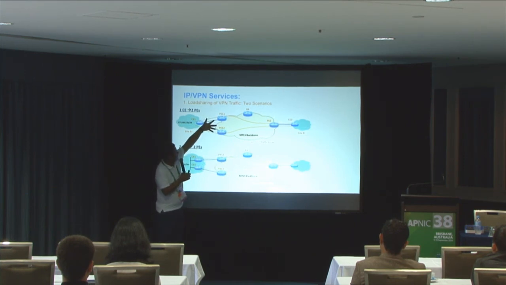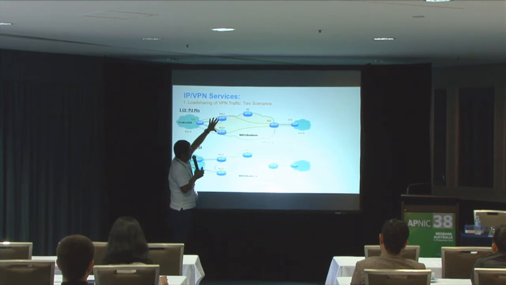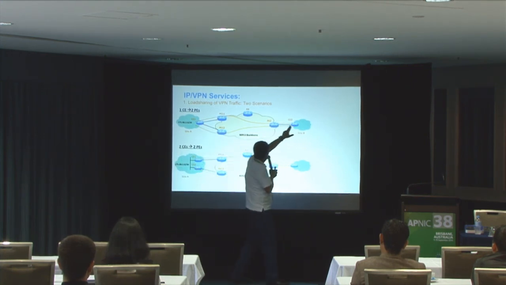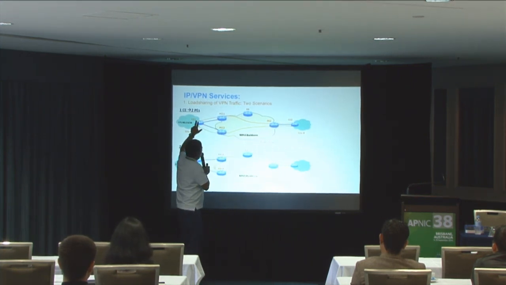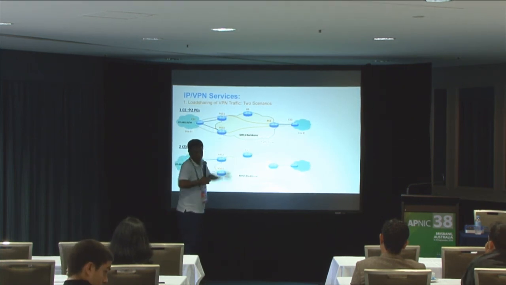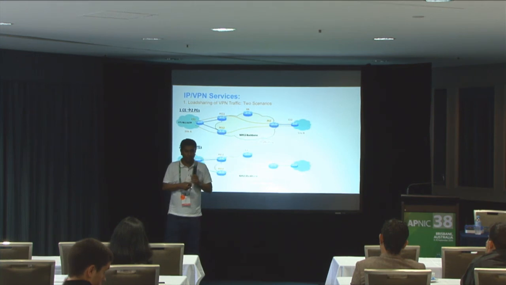So in the first scenario, how do we do the load sharing? Since we have two connections, when this site communicates with this site, we want to share the load among two different paths. How can we do that?